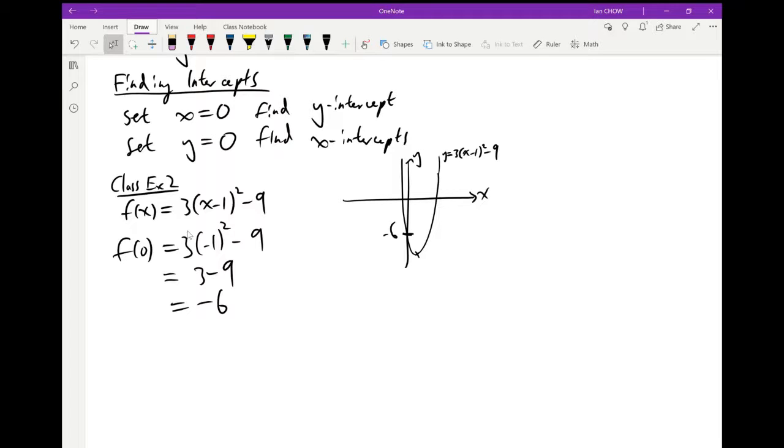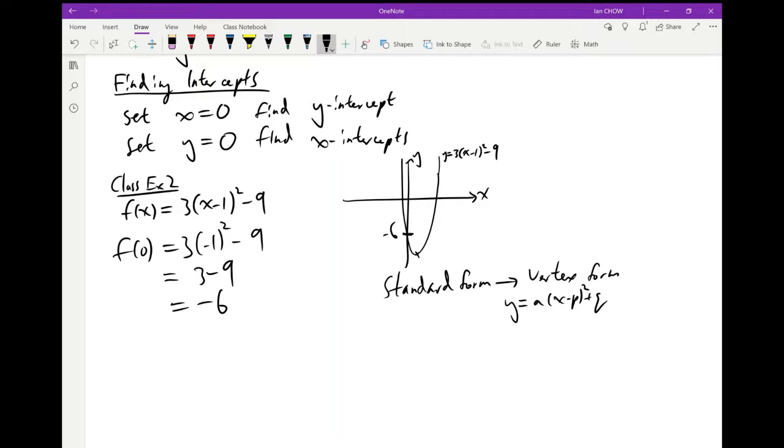Now the question does say that we need to use the standard form. Remember, when the textbook says standard form, it actually refers to the vertex form, which is y equals a of (x minus p) squared plus q. This is the standard vertex form. So why does it tell us to use this form?